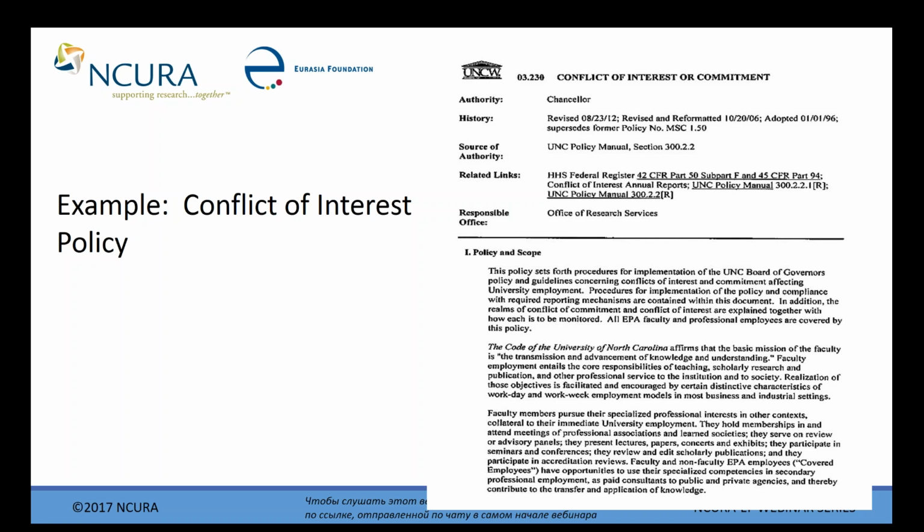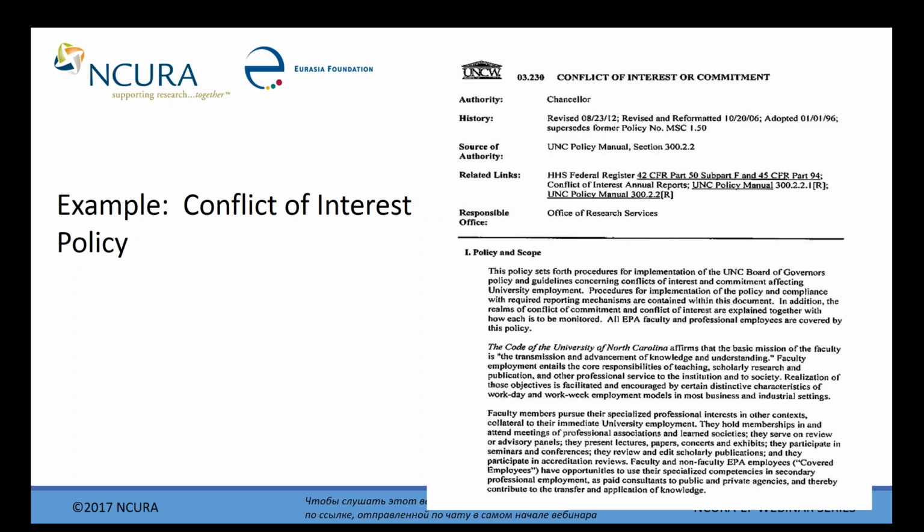On this slide, I have given you a copy of the first page of UNCW's conflict of interest policy. You can see that we have the authority, the history, the source of the authority. For UNCW, it is the University of North Carolina Policy Manual, which is the system manual, which is in compliance with the federal policy as well as the state of North Carolina policies.